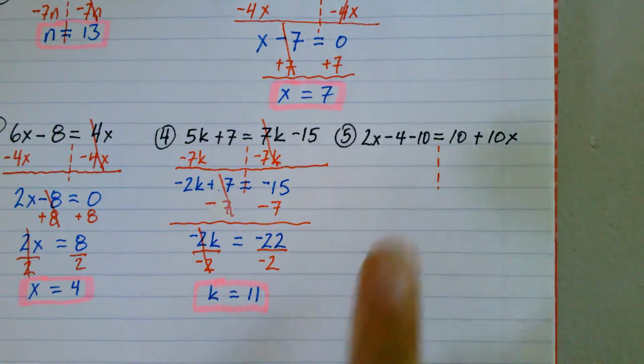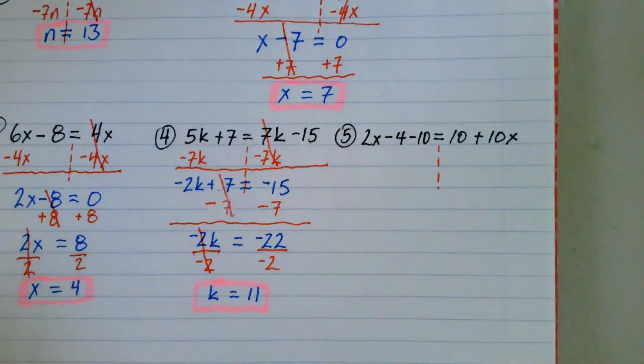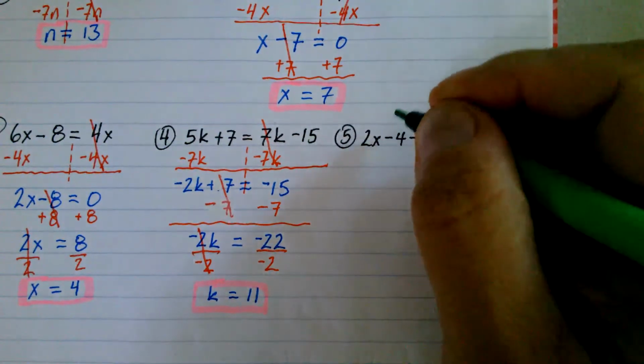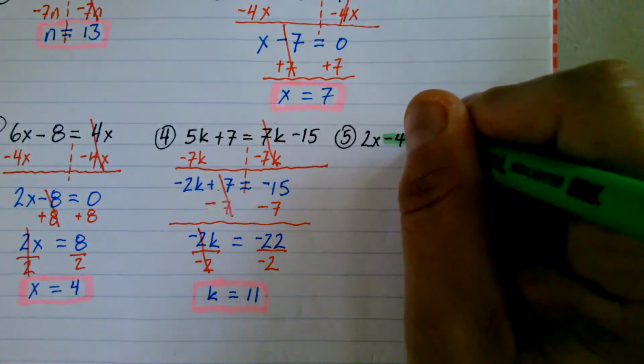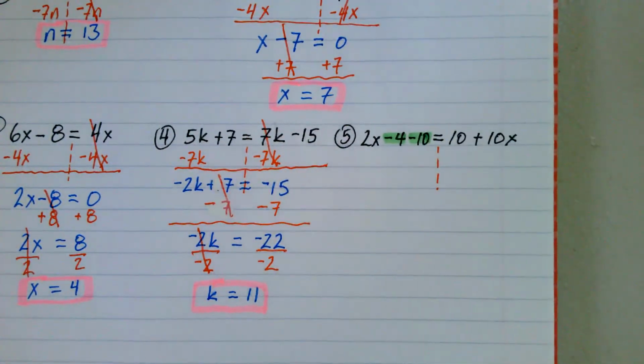I got 3 terms. So on the left side of the equation, can I combine anything? Is there anything I can put together and combine? -4 and -10. I like the way you said that. -4 and -10. I'm going to highlight those. You can circle them if you want, if you don't have a highlighter. But point out that those two combine.